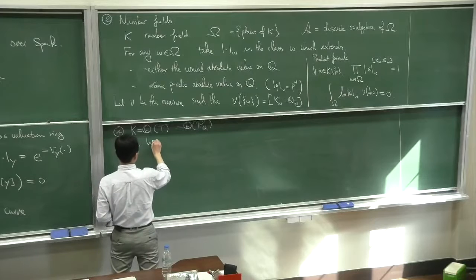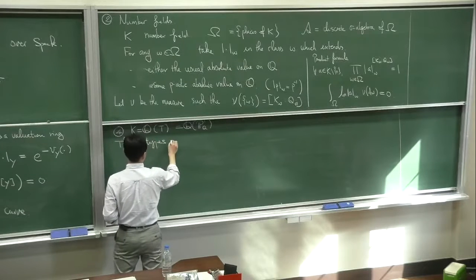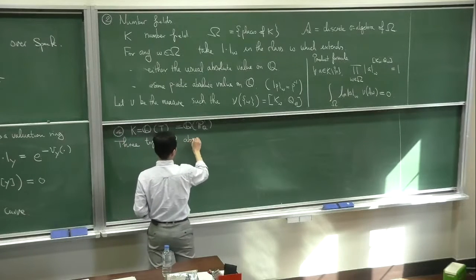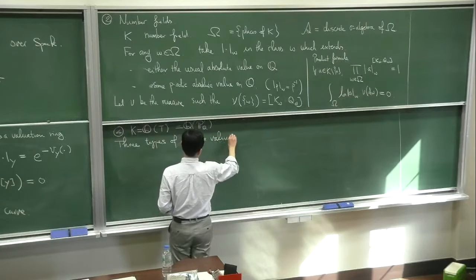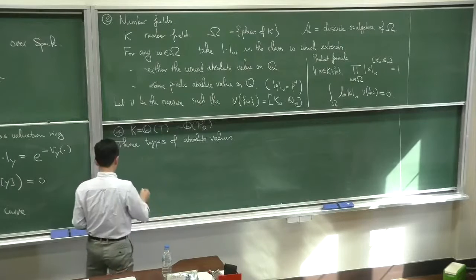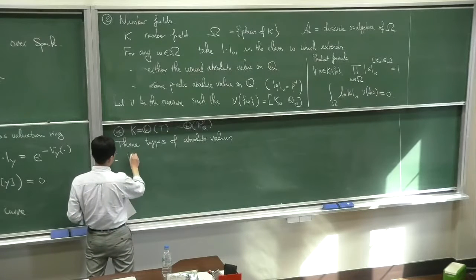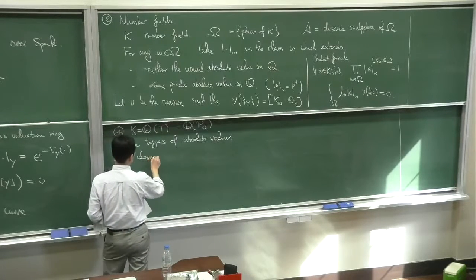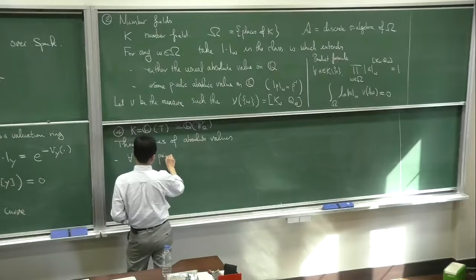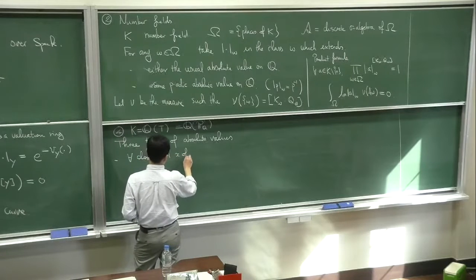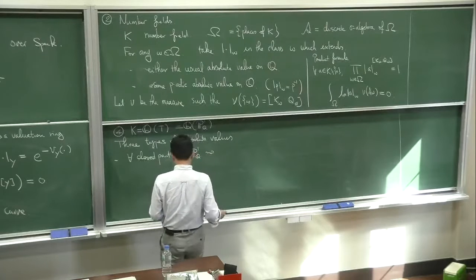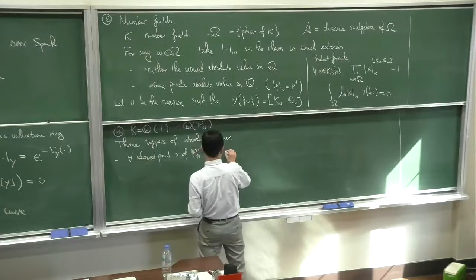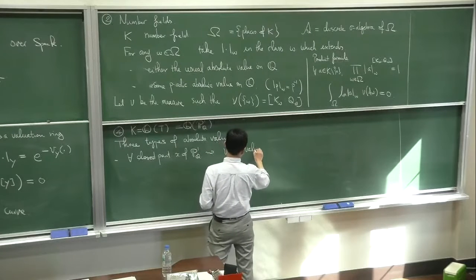So let me introduce three types of absolute values. The first type: for the closed point x of P1 over Q, you get some valuation v_x.